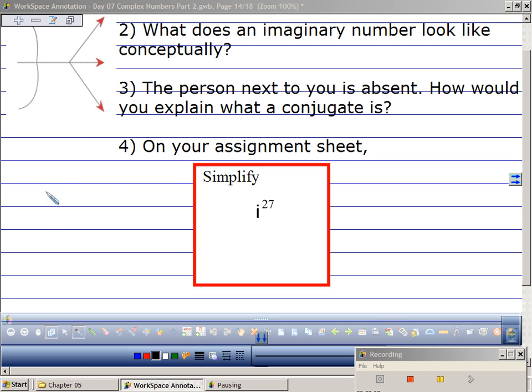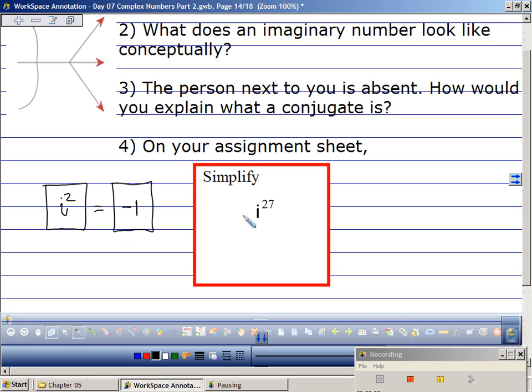An area model, right? Conceptually, what is this area? It's I squared or negative 1. Conceptually, that's what this means. Okay, that's what I wanted you to say for that.